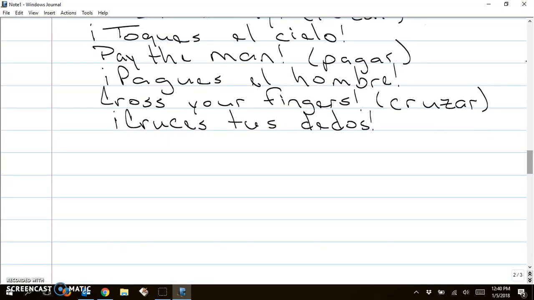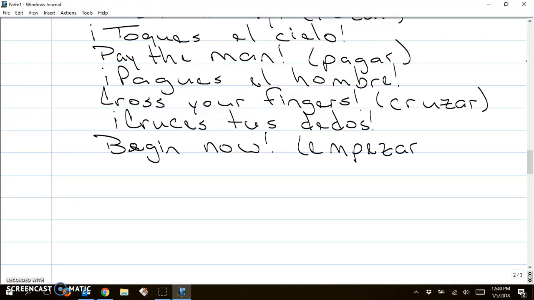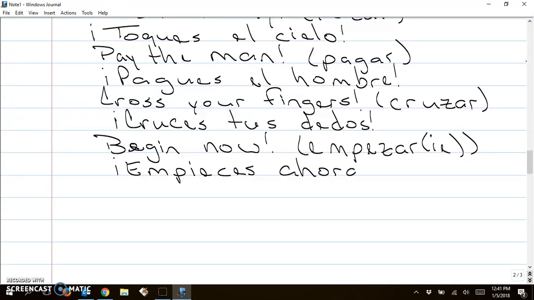Now, if you want to do a really fun one, begin now. If we use the verb empezar to begin, it is also a stem changer. So you end up with empieces ahora.